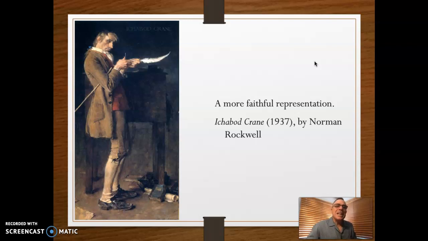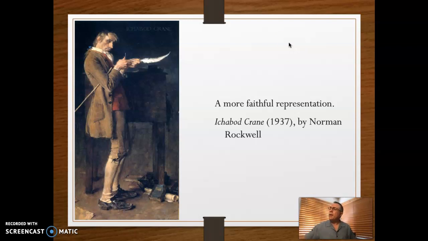Now, even here, you get the sense of the lankiness and a little bit of the nose, but he still looks, I don't know, somewhat admirable and not quite worthy of the scorn that we learn he is due when we read the short story. So we get a lot about that.